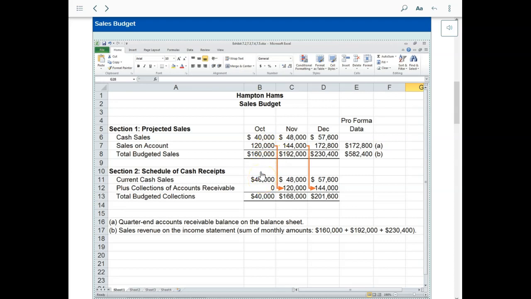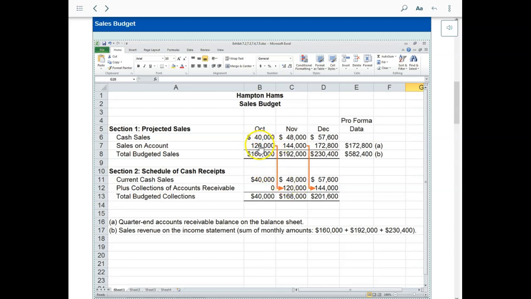So if we predict, again, these are predictions, if we predict we're going to have cash sales of $40,000 in October, then that's what we predict to collect in cash in October. Just makes sense. They're also assuming that any sales on account in any one month will not be collected until the next month.